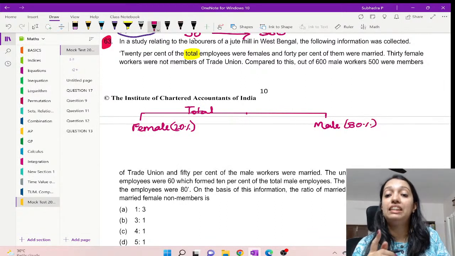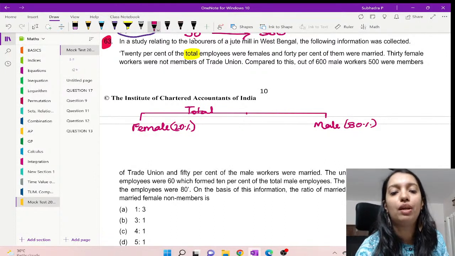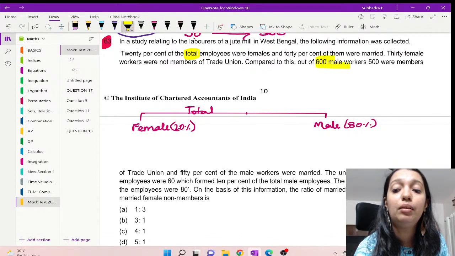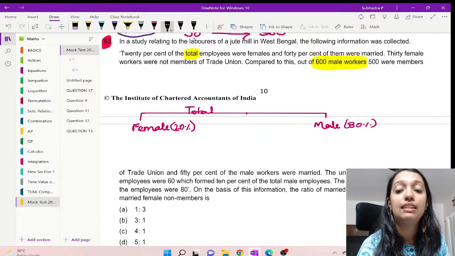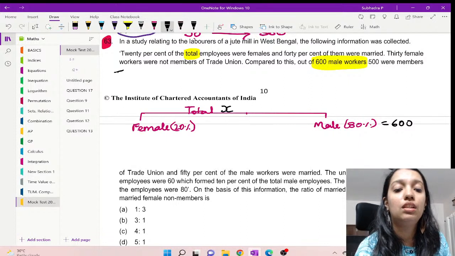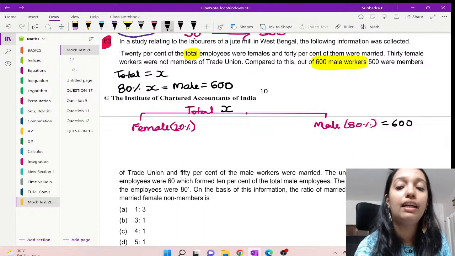In this question, first check, have they given any information regarding total number of male, total number of female? Yes, they have. Look here, out of 600 male workers. So totally, how many male workers are there? 600. 600 represents 80%. So what does 20% represent? Let's take the total to be X. 80% of X male are 600 and they have given to us.